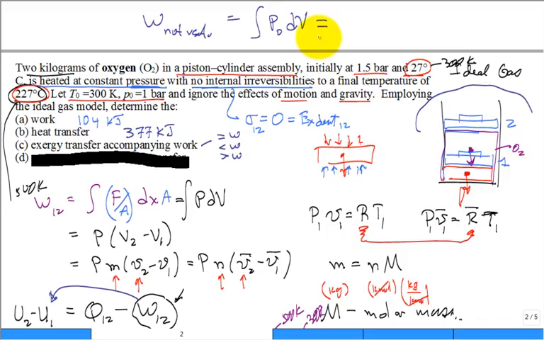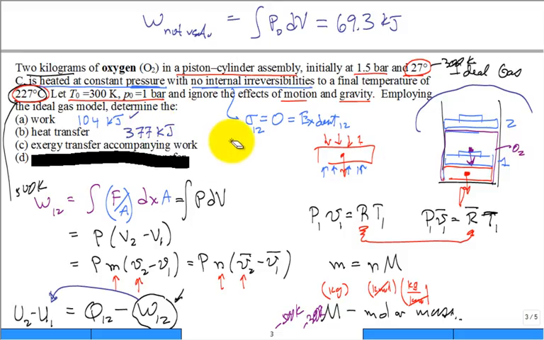The non-useful work is around 69.3 kilojoules. So you did 104, but 69.3 didn't count. And so the exergy transfer with the work comes in around 34.6 kilojoules.